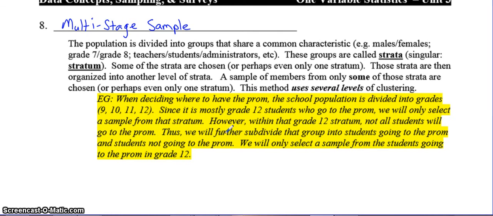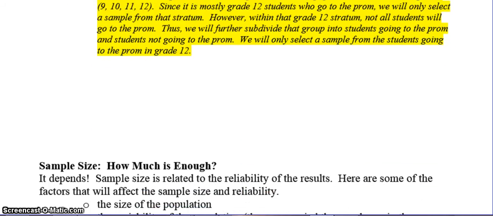We will only select a sample from the students going to the prom in grade 12. So you break it down into one level, and then break it down again and select strata in another level. So that is all your sampling techniques.